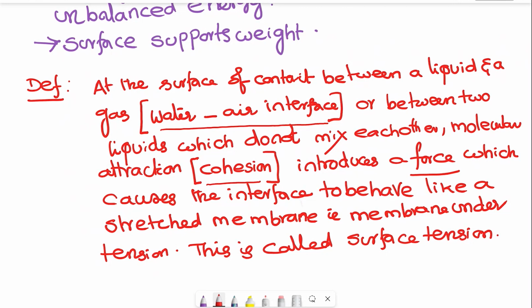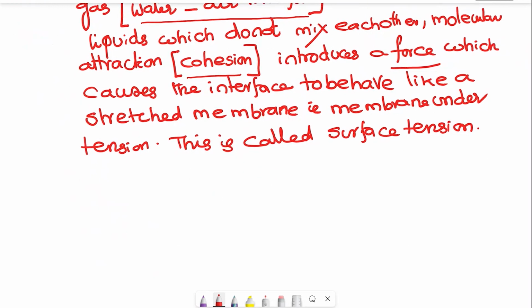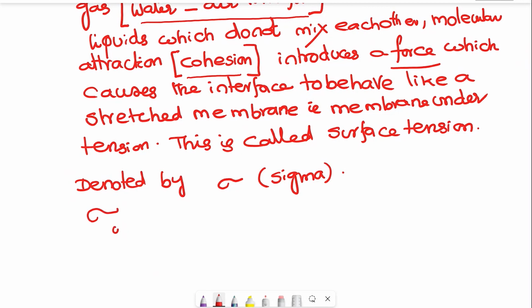And this surface tension is denoted by sigma. And again, remember, sigma alone has no meaning. We should write sigma water-air. Then only it has meaning. That means when you are writing surface tension, it is at some interface that you should understand.